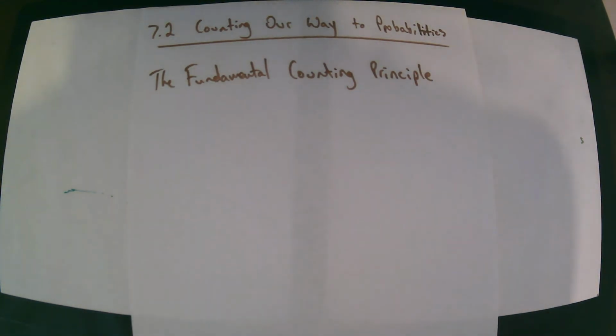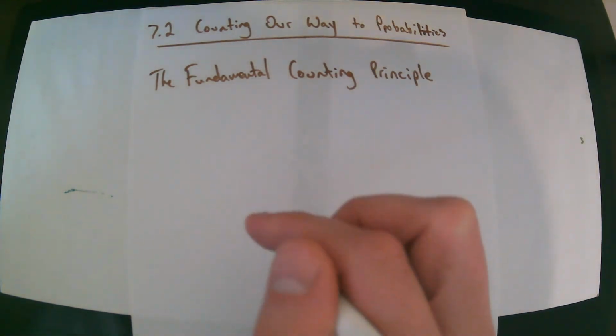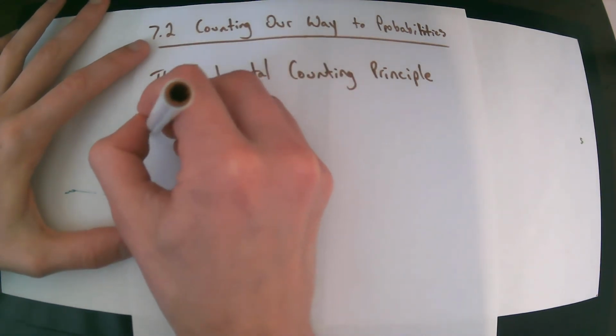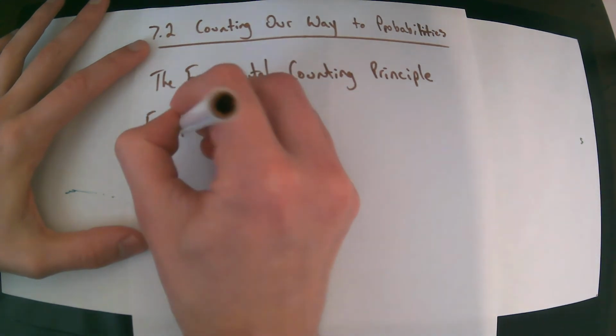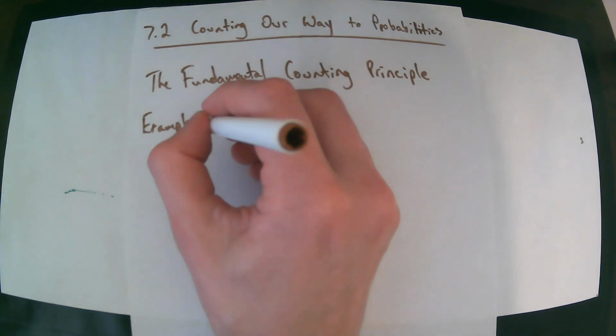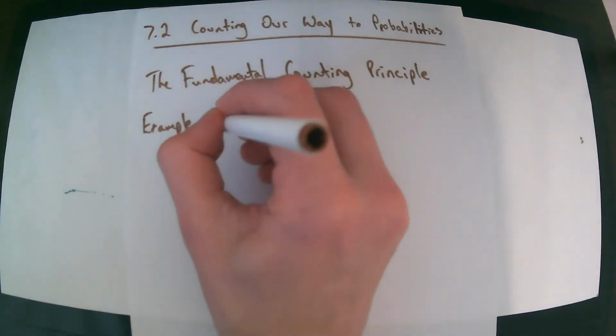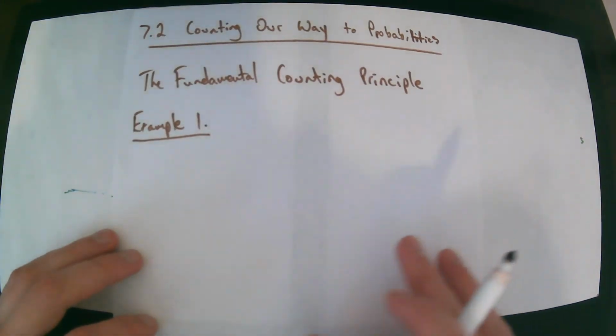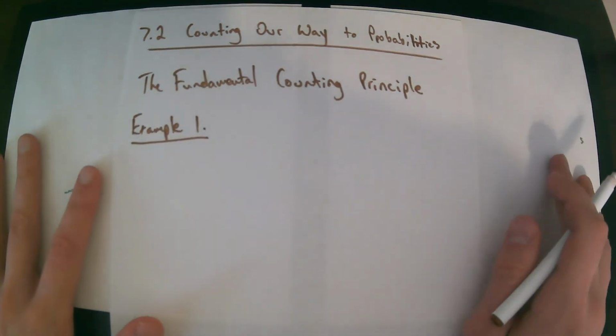And what it is, is the product of the number of possibilities in each individual experiment. So we've already talked about this, but I'll start off with example 1 because you may be thinking, what the heck is that saying? But the key word there is product, which means we're using the operation of multiplication.